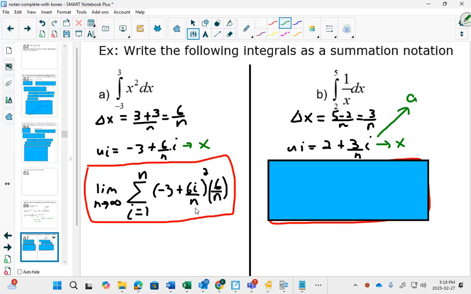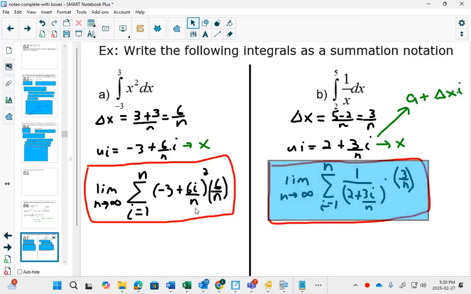This part is always a plus change in x times i. That's always that part. You have your starting point and then however many changes of x's that you've included up till i. And then you just plug it into the formula that way. So we have 1 over that.